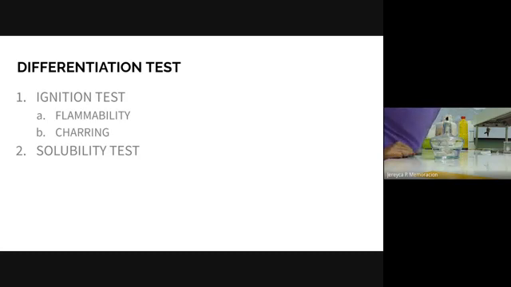It says there to place a pinch of white sugar in a dry porcelain crucible, but here in the laboratory we are going to use a test tube instead so you can see it clearly.